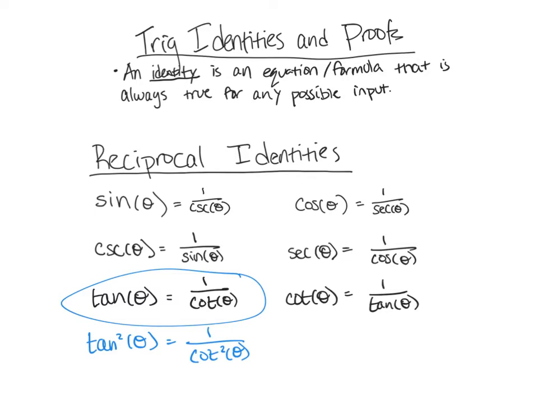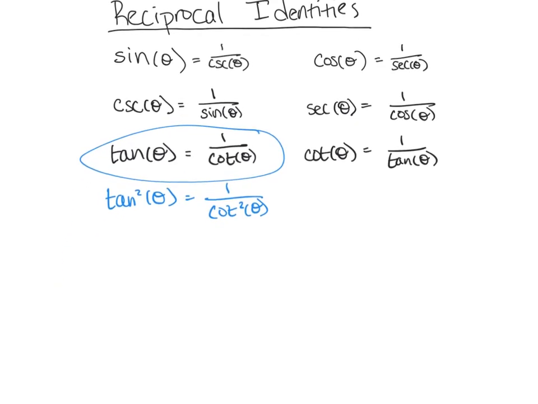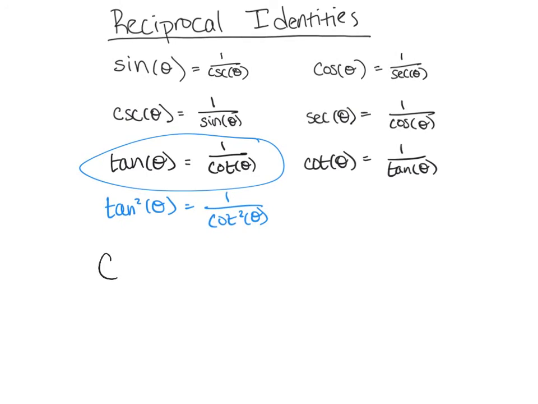The next 2, again, you're already going to know. Those are called the quotient identities. So the quotient identities, remember, quotient is the answer that you get when you divide something.